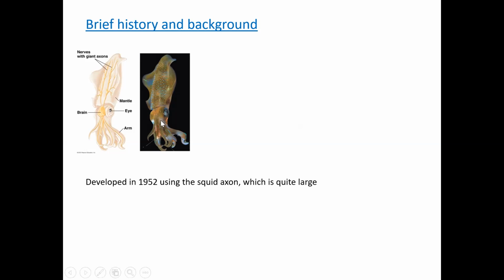So they looked at the giant squid, whose axon connecting neurons in the brain down to its tail, or its base here, are quite enormous, several centimeters in diameter. So the electrodes back in 1952, when Hodgkin and Huxley developed this model, were sufficiently precise to record action potentials and voltages across those axons.